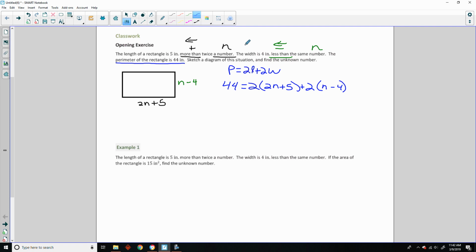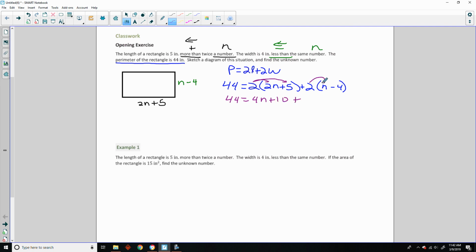Okay, now we're going to simplify and solve. We want to get n's by themselves, and we want to get it down to 1n. So the first thing we're going to do is distribute. So we're going to have 44 equals 2 times 2n is 4n. 2 times 5 is 10.